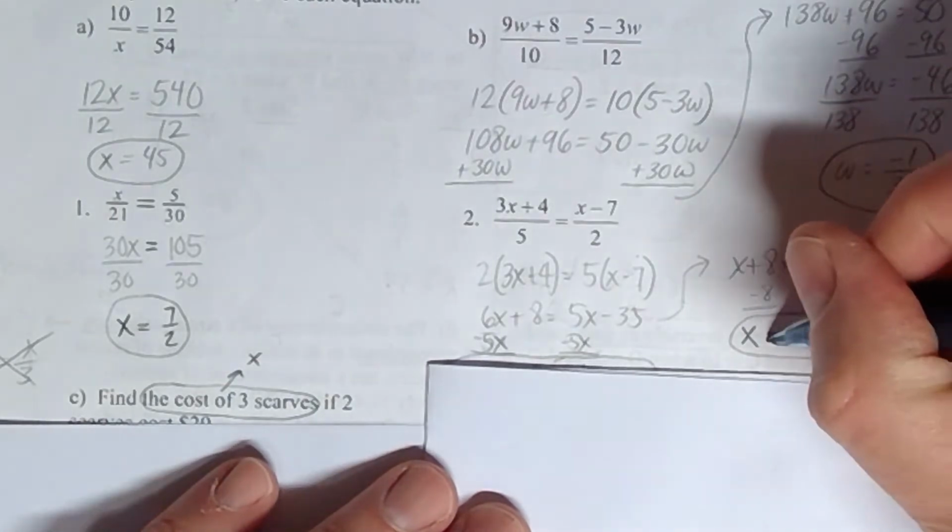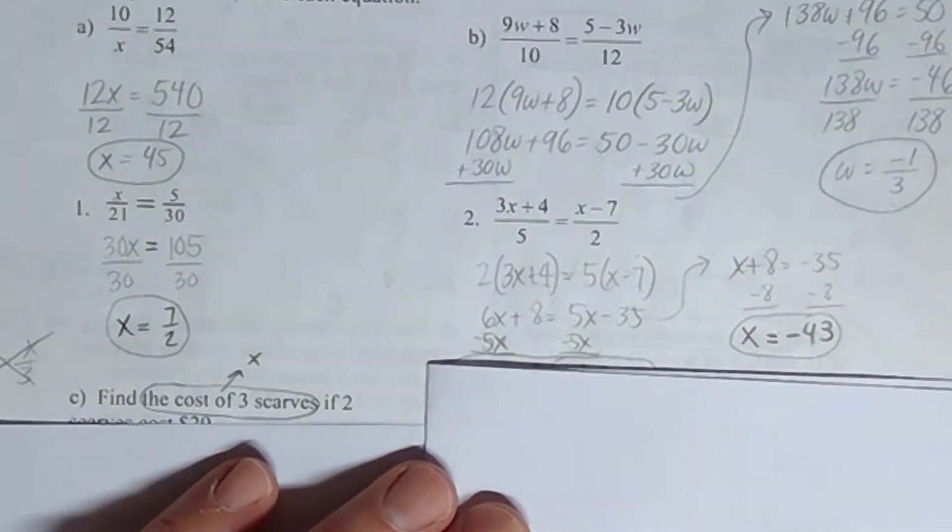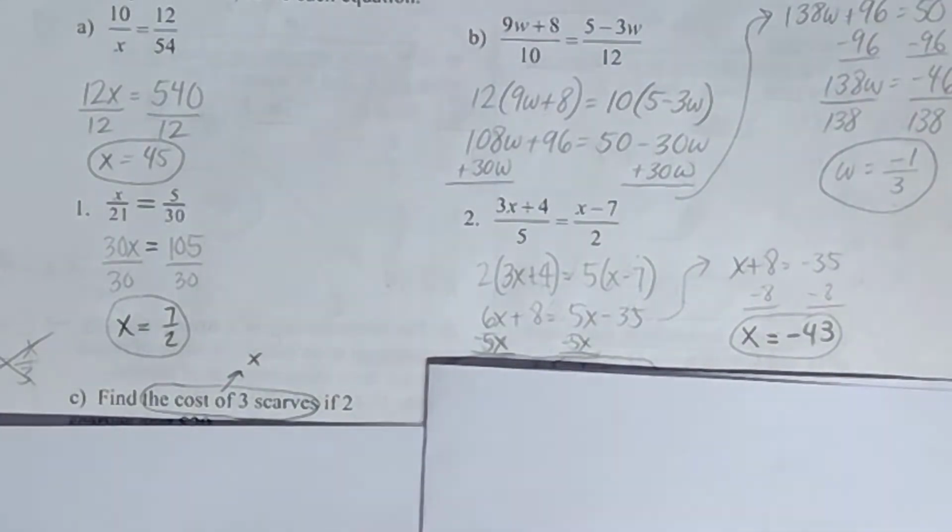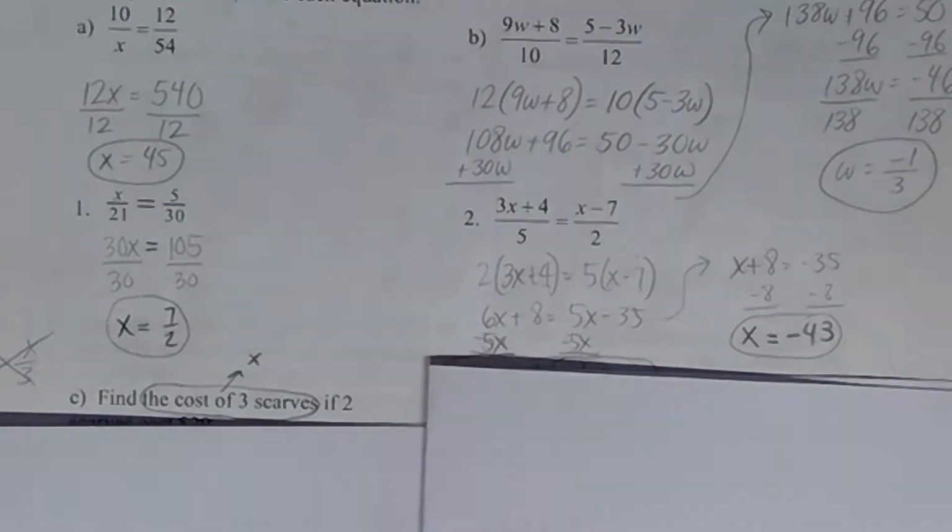Final answer, x equal to negative 43. Okay, so that is what you do when you have a fraction equation that just has a single fraction and nothing else on each side of the equal sign. Okay? All right, so now our first discussion about word problems.